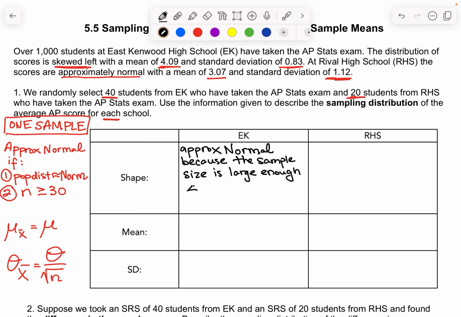Okay, 40 is definitely greater than or equal to 30. So then this satisfies the central limit theorem.